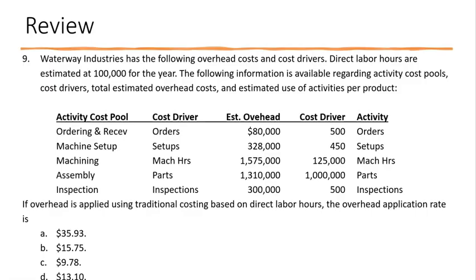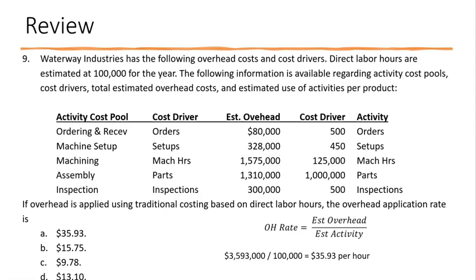We add up all of the estimated overhead and do that calculation. So $3,593,000 of overhead, which is just the sum of the 5 cost pools, divided by 100,000 hours, is $35.93 per hour. That's our traditional costing. That's what we would apply overhead based on direct labor hours.